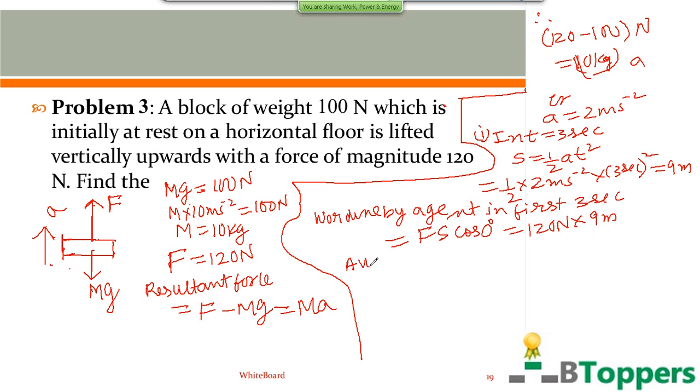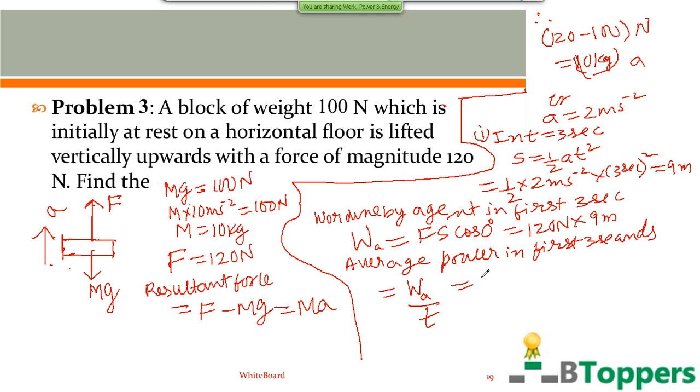So average power. The work done by the agent can be denoted by W subscript A. So the average power delivered by the agent in the first 3 seconds is equal to the work done by the agent for the first 3 seconds divided by the time interval.